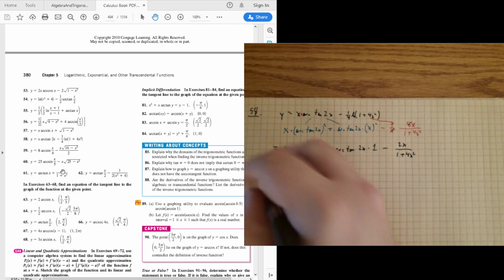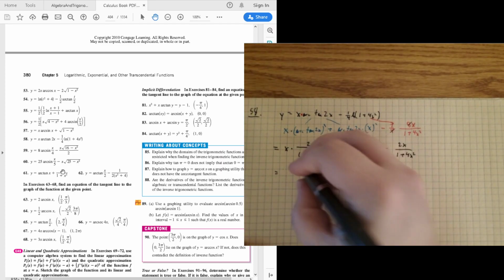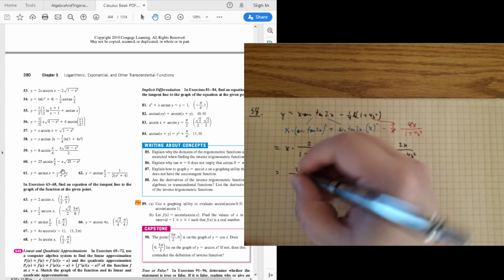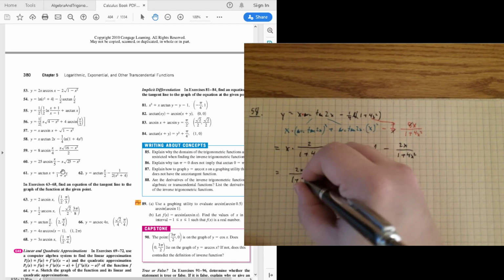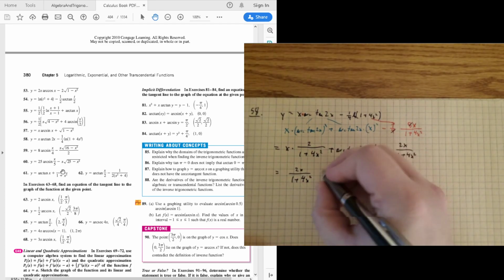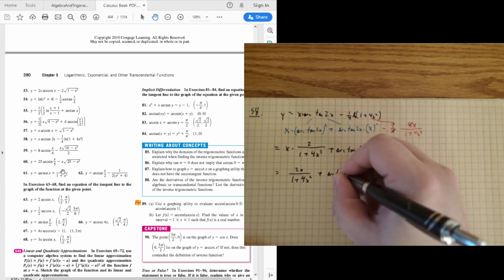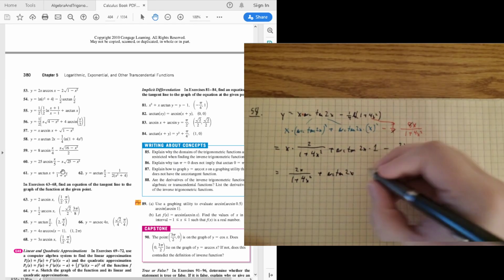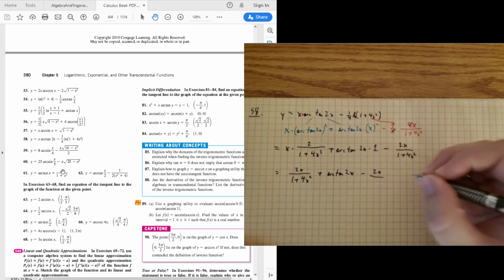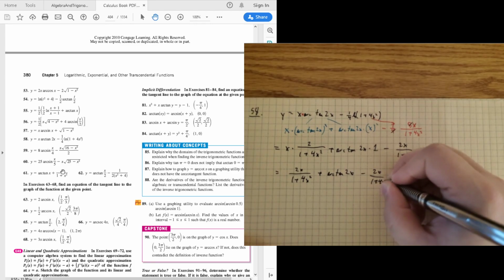This is going to be pretty cool. Look at this. So this first term becomes 2x over 1 plus 4x squared plus the arctan of 2x minus 2x over 1 plus 4x squared.